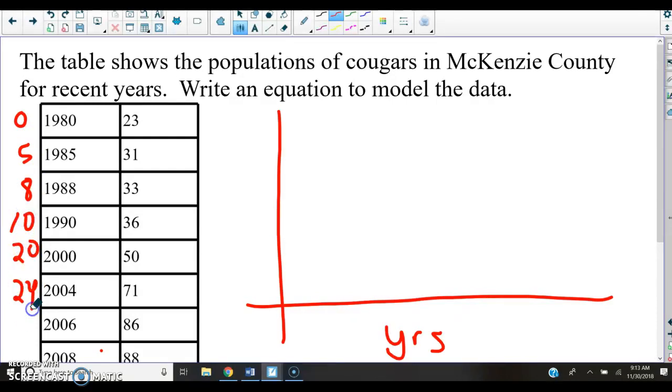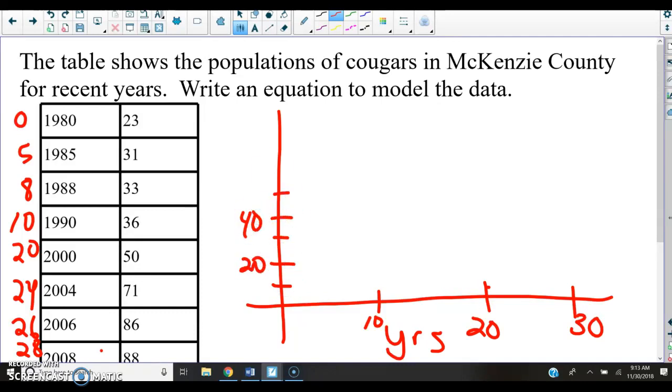This would be 24, 26, 28. So I'm almost going to 30. 10, 20, 30. And my cougars go almost to 90, so I'm going to go 10, 20, 30, 40, 50, 60, 70, 80, and my next one would be 90.